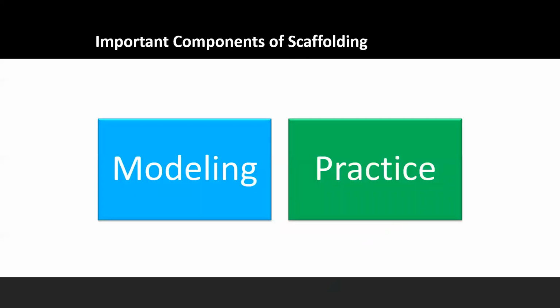And there's two components to scaffolding, and one of them is modeling. In this process, the instructor will model every step of the task or the strategy as many times as necessary.